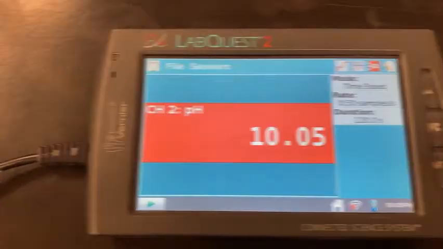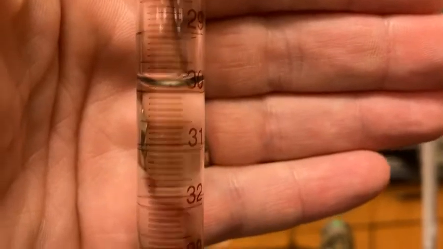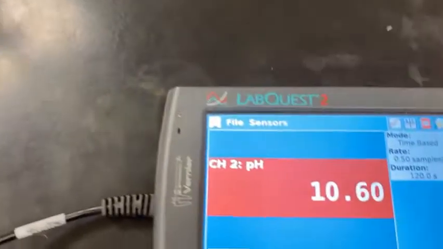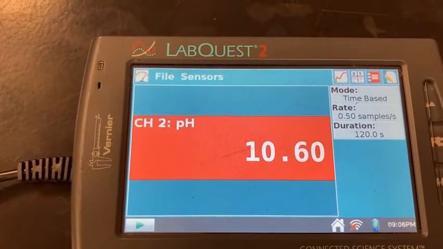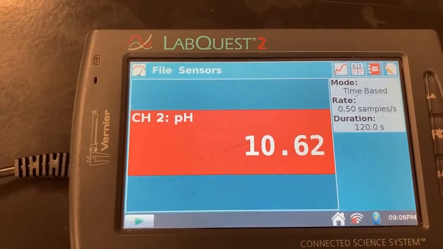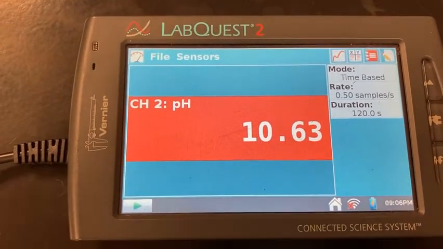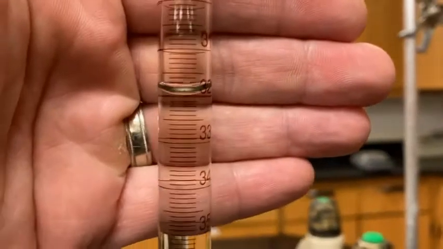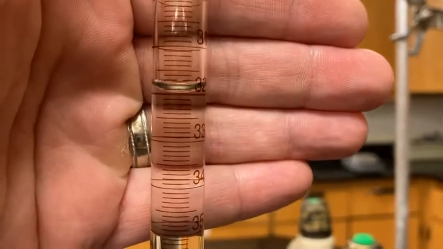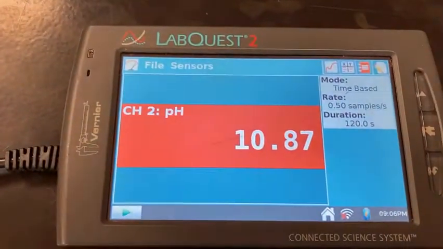Let's take it there. There's our next addition. pH. Now it's not fluctuating as much. Wonder what that means. Here we are with our next addition. Sorry, I'm shaking hands. And our pH.